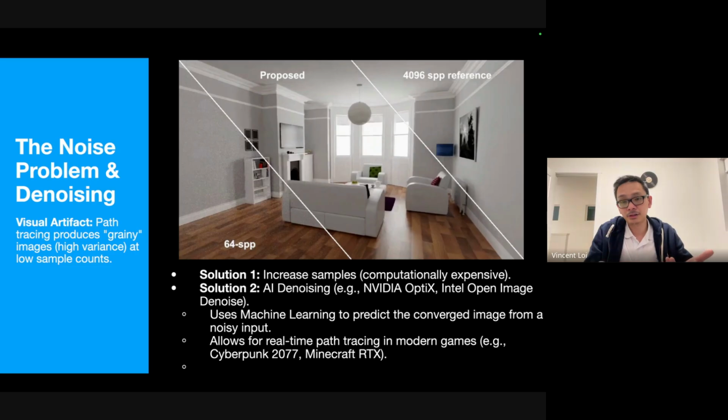But if you have the denoiser, it can run in just a split second. They get a very beautiful image because they can use AI to estimate the pixel values. That's also how modern graphics games are working right now, like Cyberpunk or Minecraft. So the images are getting better.